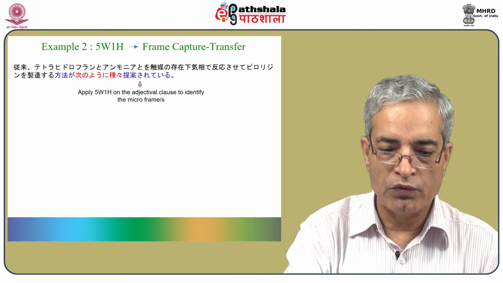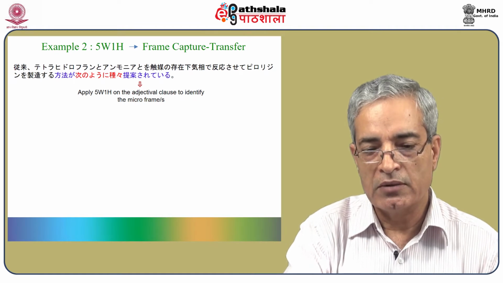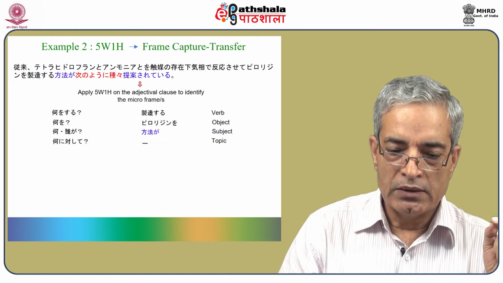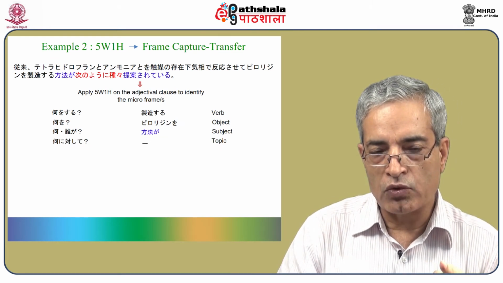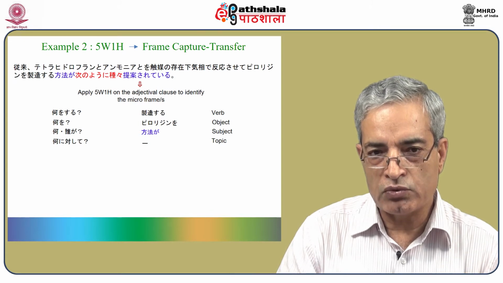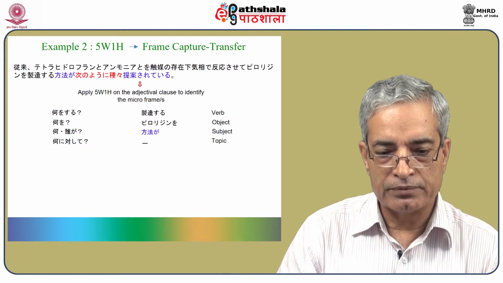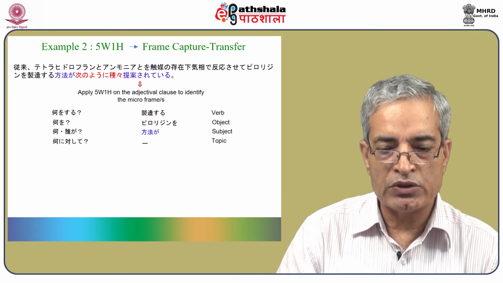Now go further, apply 5W1H on the adjectival clause to identify the micro frames or maybe other components. Nani o suru, if you see carefully, just before the ho, it is seizo suru ho. So nani o suru, seizo suru, that's a verb. Nani o seizo suru. So nani o seizo suru is pyrogen o seizo suru.